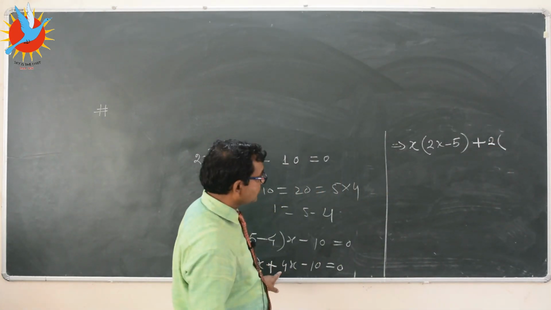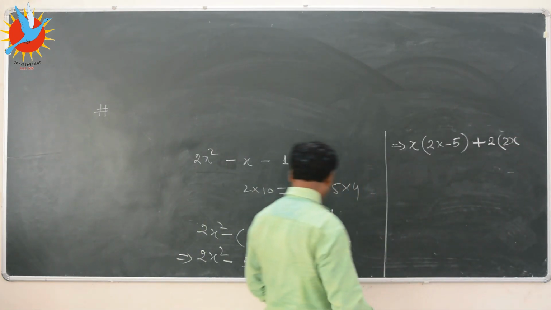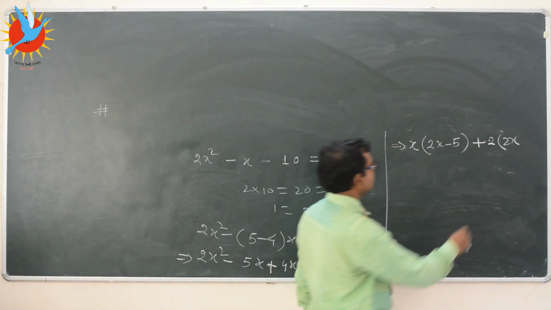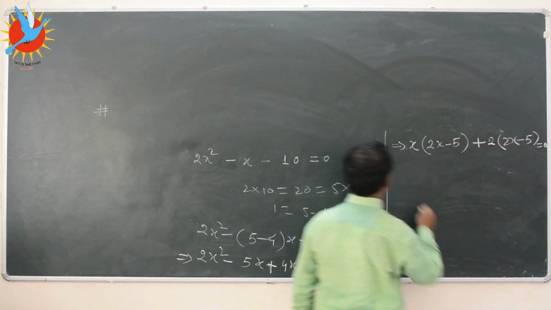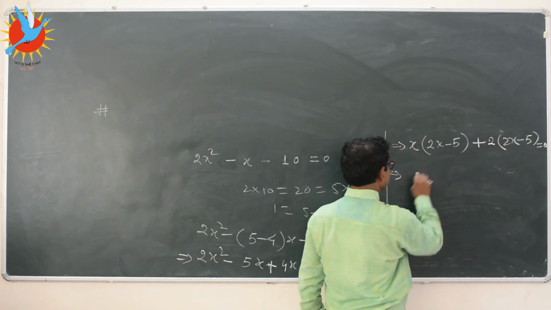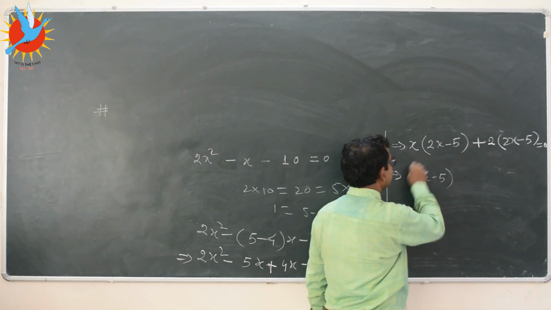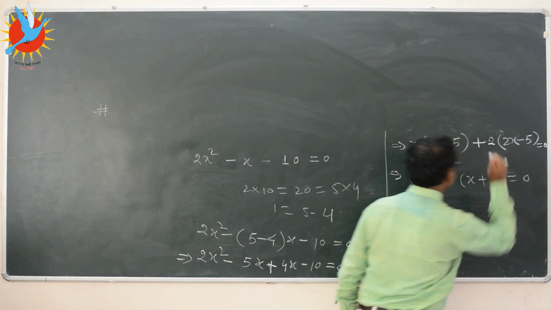Therefore we have common 2, 2 fours are 8, so here we are left with 2x and 2 fives are 10, this will become minus 5, and this is equal to 0. Now this can be written as 2x minus 5 is common, and here we are left with x plus 2 equal to 0.